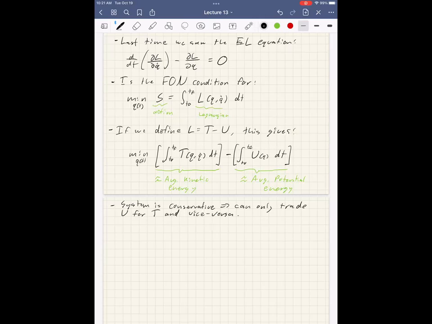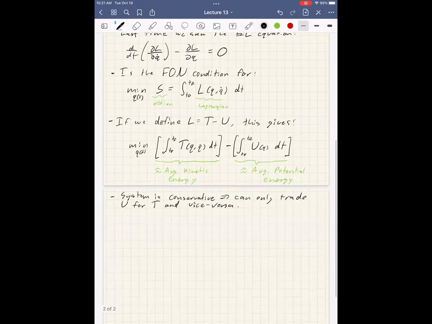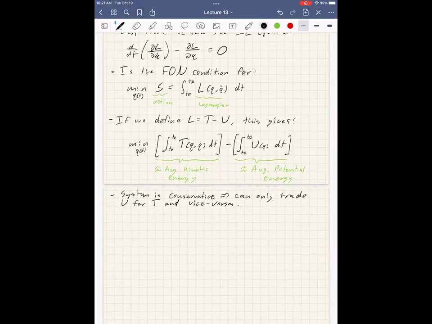So let's think about that intuitively, like a ball rolling down a hill. We start with a lot of potential energy and a little kinetic energy, say. As I roll downhill, I'm going to lose potential energy and gain kinetic energy. If I think about the averages over the whole trajectory, I trade one for the other, and the dynamics are going to bring those two values closer together.